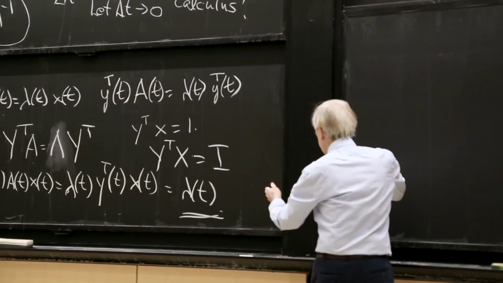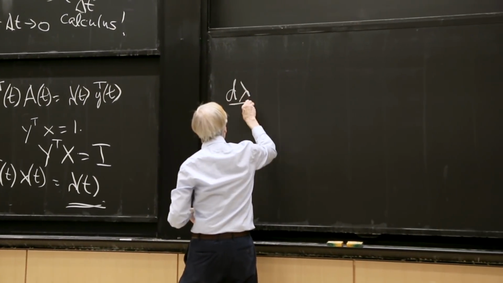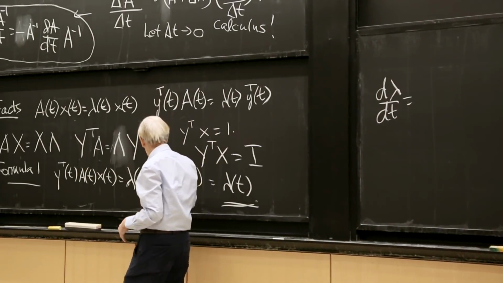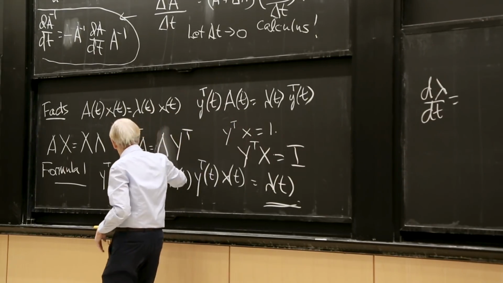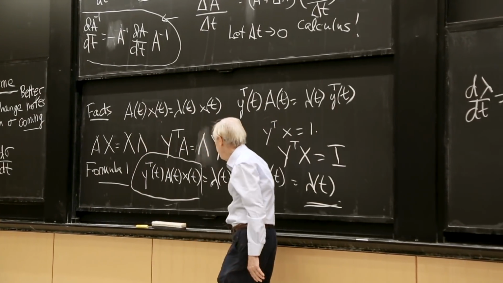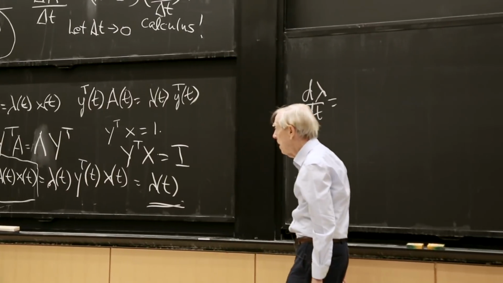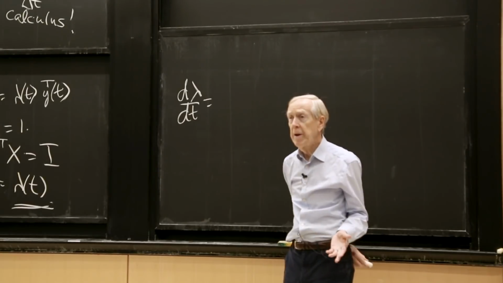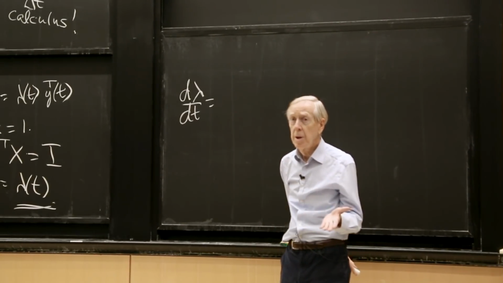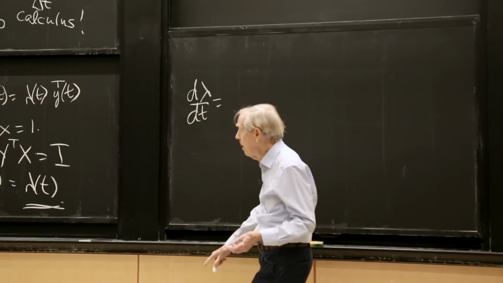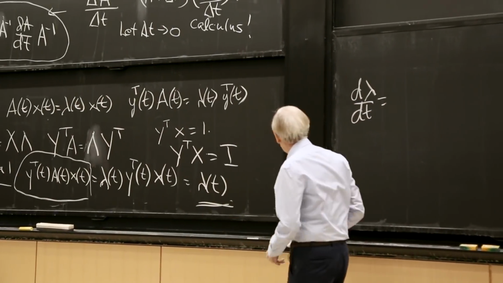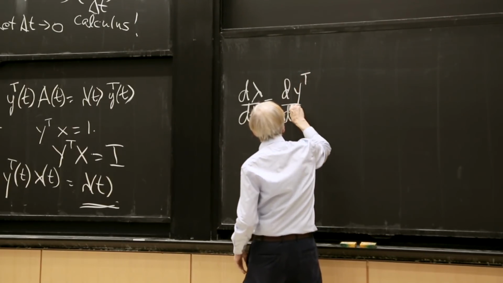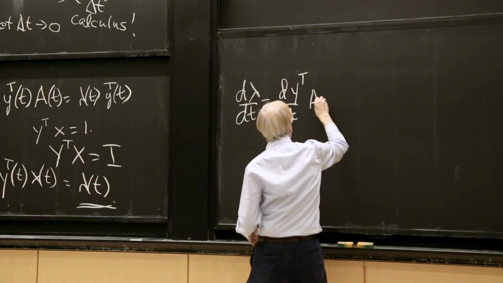So here we go. I want to compute d lambda dt, and I'm using this formula for lambda. So I've got three things that depend on t, and I'm taking the derivative of their product. So I'm going to use the product rule. Take the derivative of the first guy, y transpose, times A times x.